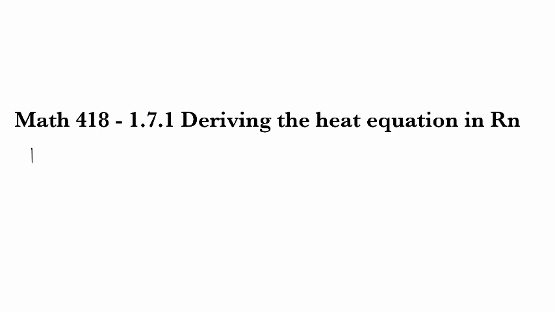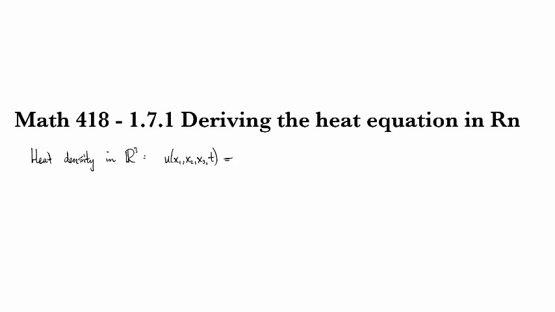So suppose we have the heat density in, well, let's just say R3 for right now. So this will be given by u of x1, x2, x3, t, but that's sort of a pain to write.